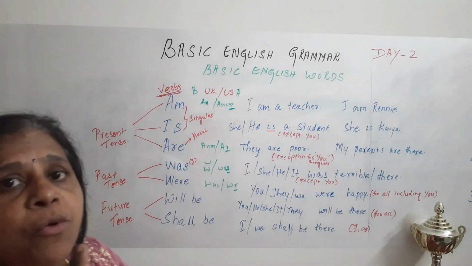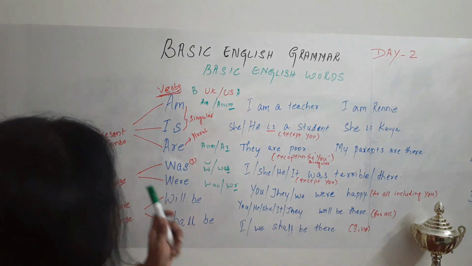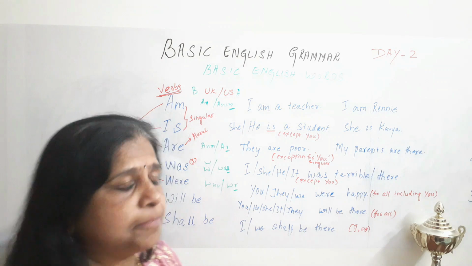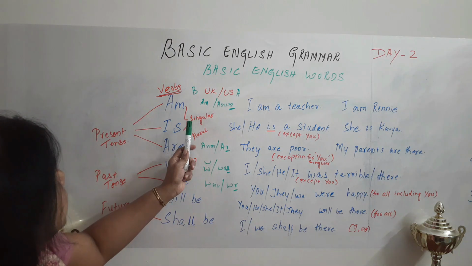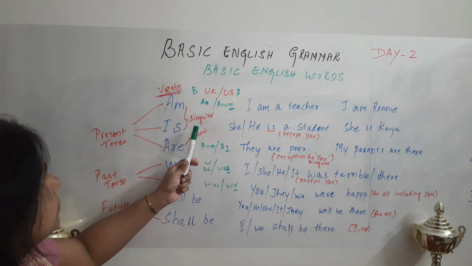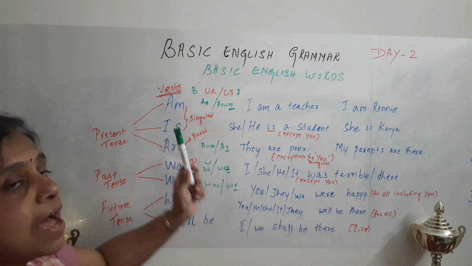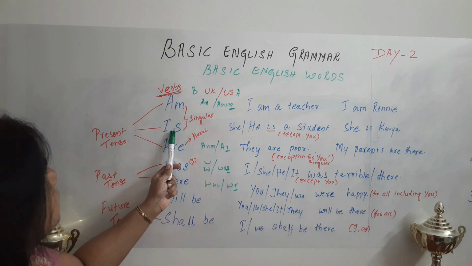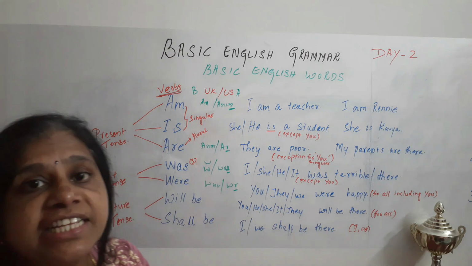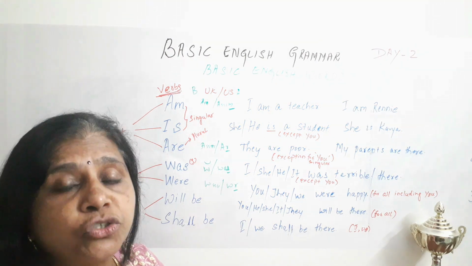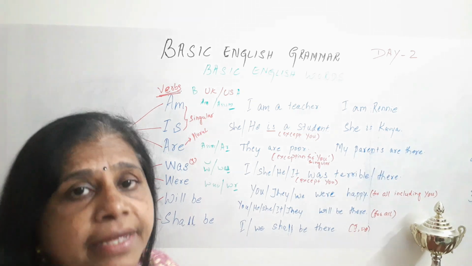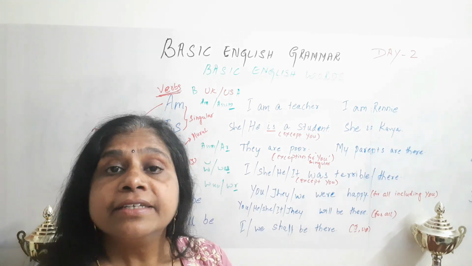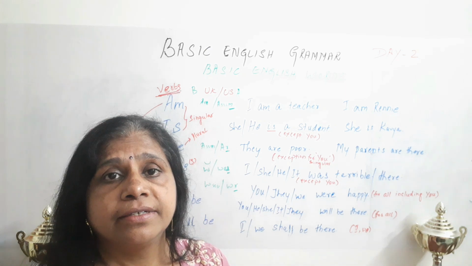All right. Then you should understand that am and is are for singular. Singular means one person or one thing. Here you could see this is, is, and you should not pronounce it as j, you should pronounce it as s, is, right?